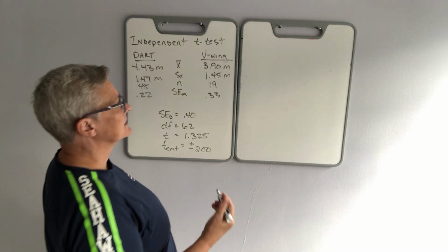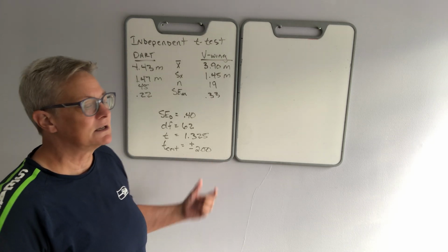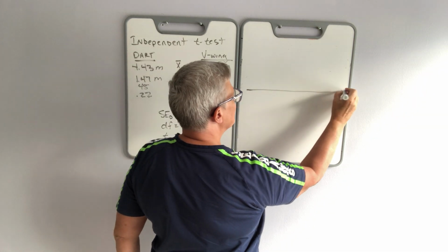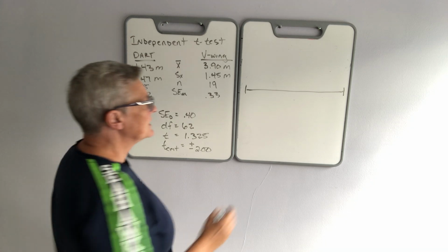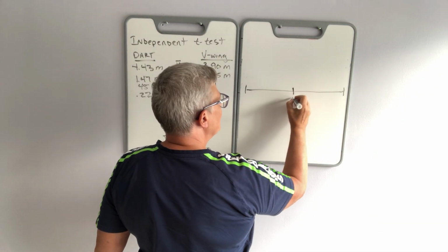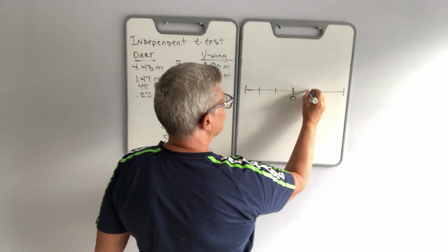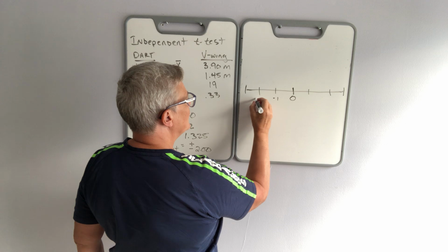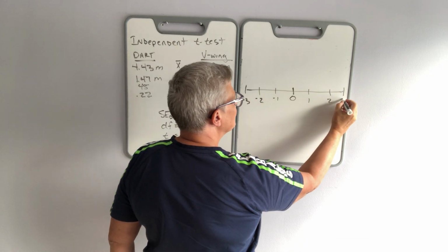So the first thing I do to determine if something is significant, and I have beginners at t-tests, right, is I create a timeline of some sort, with 0 in the middle. And let's do it by 3s this time. So this is -1, -2, -3. This is +1, +2, +3.